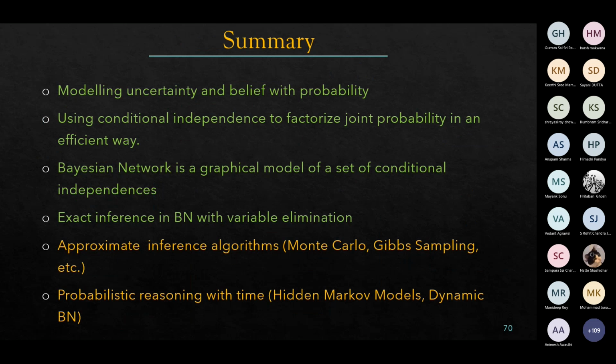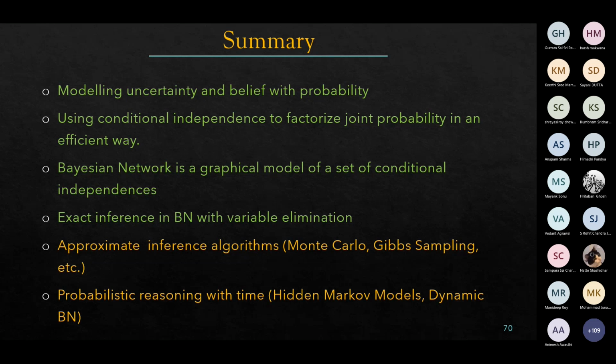So I think that we are at the end of the very basics of probabilistic inference. What have we done here? We have tried to model uncertainty and belief with the notion of probability, and we have used the conditional independence assumption to factorize the joint probability in an efficient way.